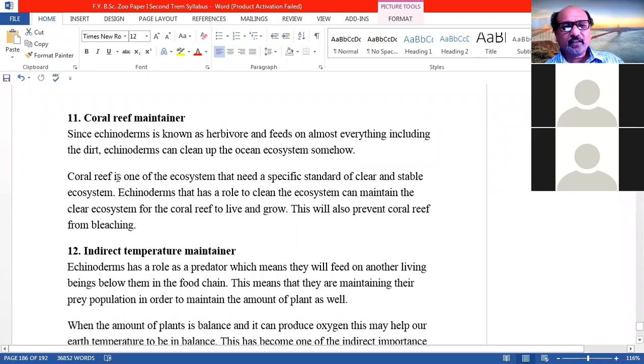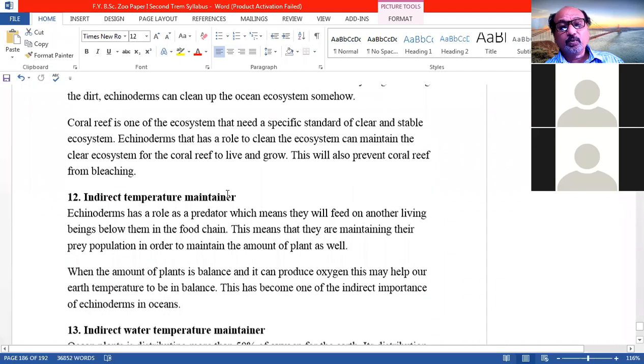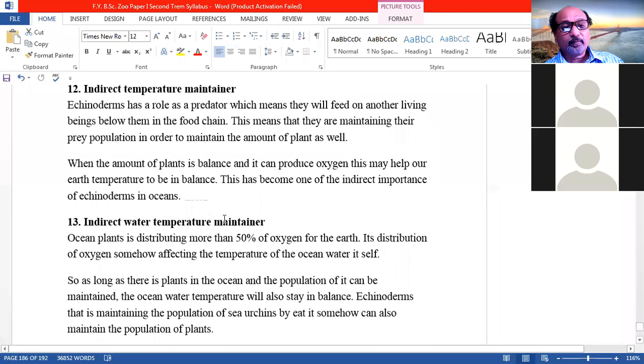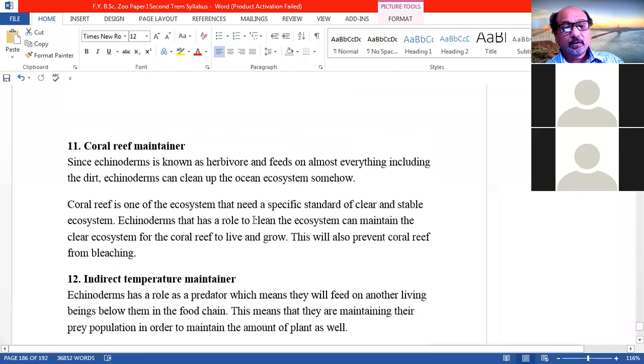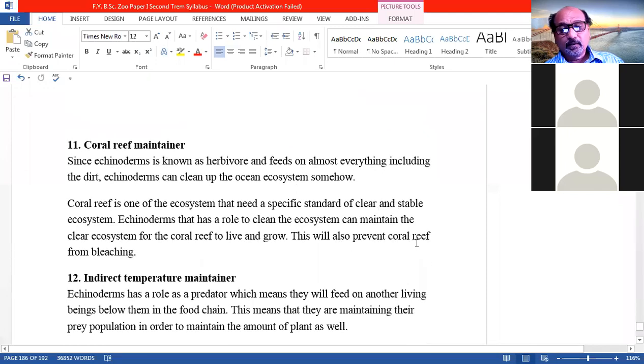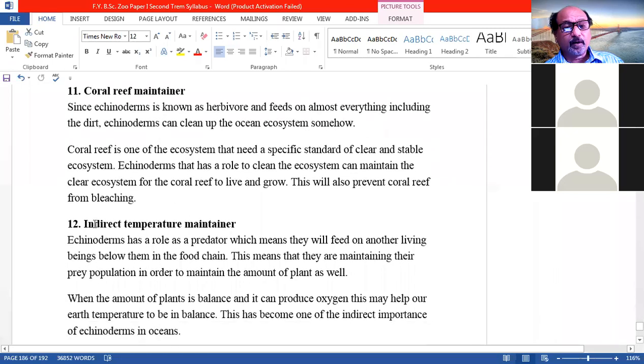So for clearing the corals, echinoderms have a role to clean the ecosystem and can maintain a clear ecosystem for the coral reef to live and grow. By keeping the coral reef clean, this will also prevent the coral reef from bleaching.